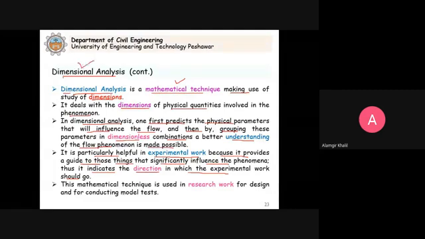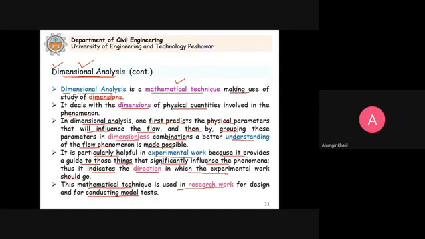That's why this is used in the design of experiments, not only in civil engineering, but maybe in chemical engineering, in chemistry, in physics, and other branches of engineering where we need to conduct experiments and research work. You can use this dimension analysis for guidance. So this mathematical technique is used in research work for design and for conducting model tests. So you can see how important this topic is.